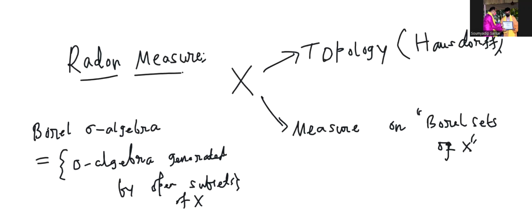There is some collection of open subsets since you have defined a topology on X. Then you take their arbitrary unions and also their complements. So basically, you are also taking the closed subsets of X. You take this whole collection, and that will give you a sigma algebra.